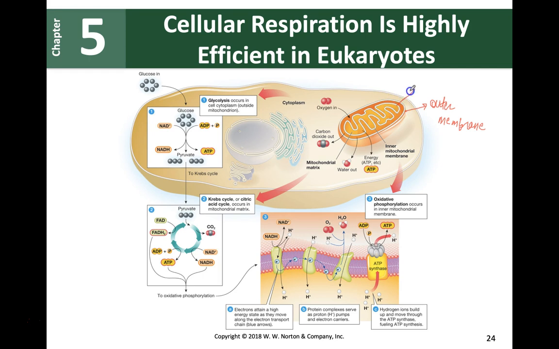This is the inner membrane of mitochondria. Now you see this yellow, light-colored portion; this is called the matrix. So this is like the inside of mitochondria. Expect on your exam and your study quiz that you should be able to label each one of these. So again, outer membrane, inner membrane.